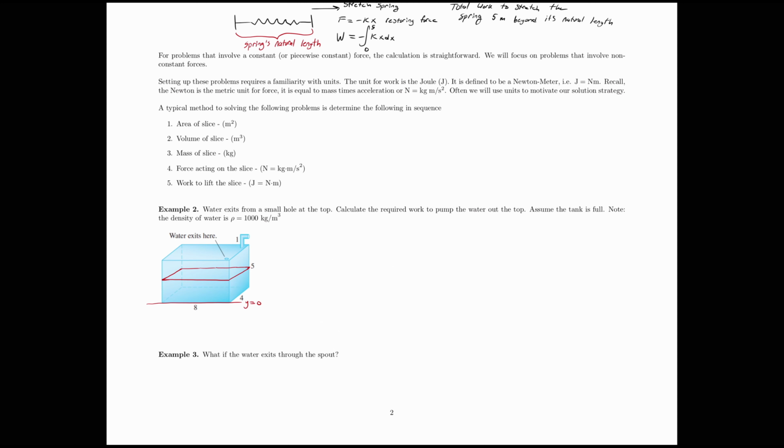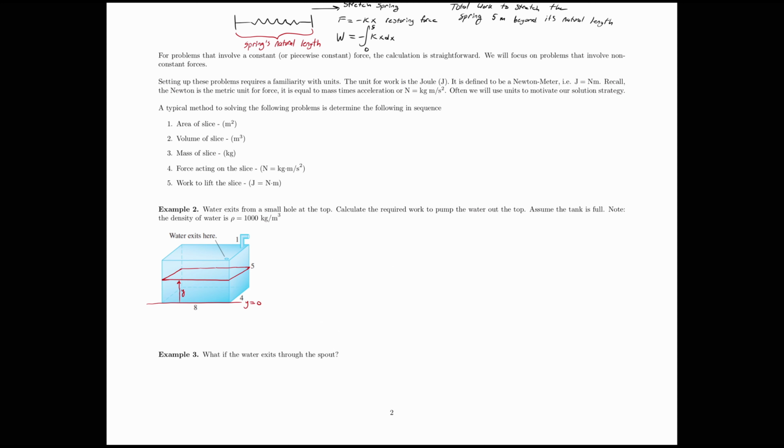We want this to apply for any slice. So let's just say that this distance is some y value. We're just at some height, something between 0 and 5. Maybe it's 5, maybe it's 0, maybe it's 3.21, something like that.